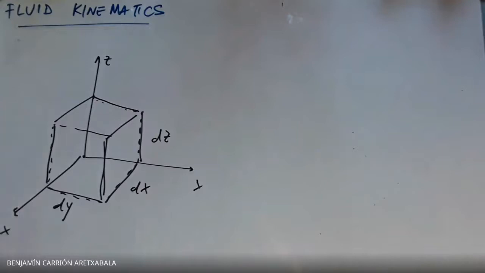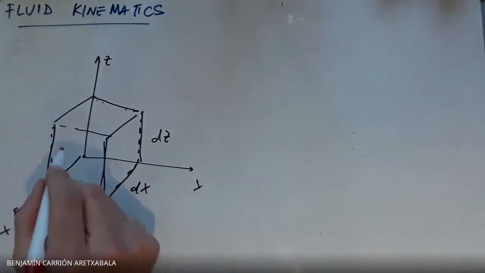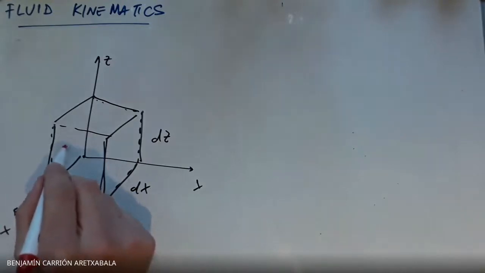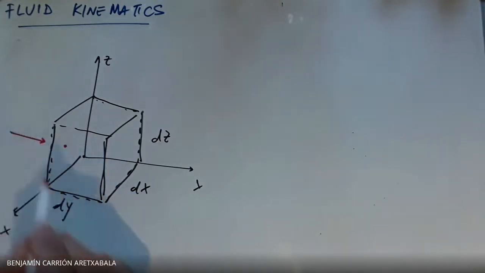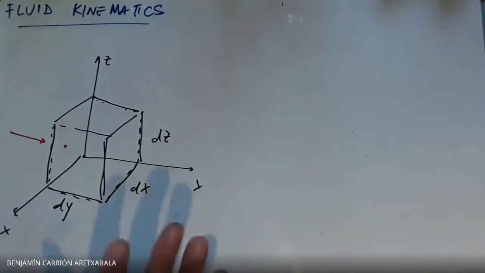And we're going to assume that we have flow on this parcel. Let's assume that on this side you have water coming in. I messed up the directions, but it doesn't matter.